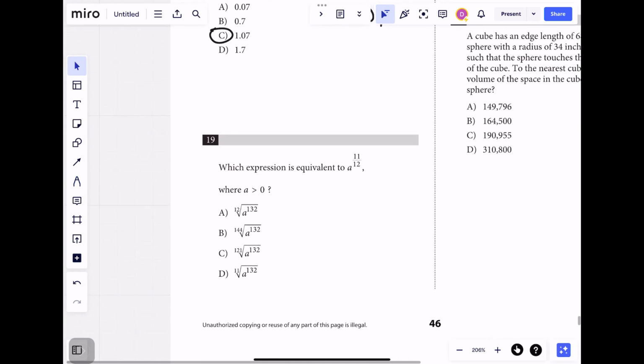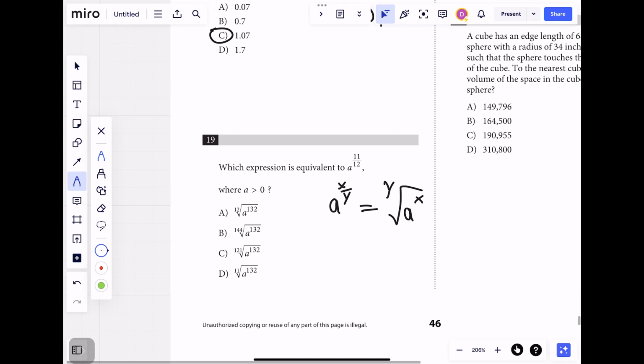Which expression is equivalent to a to the power of 11 over 12? You should understand that this is equal to this.